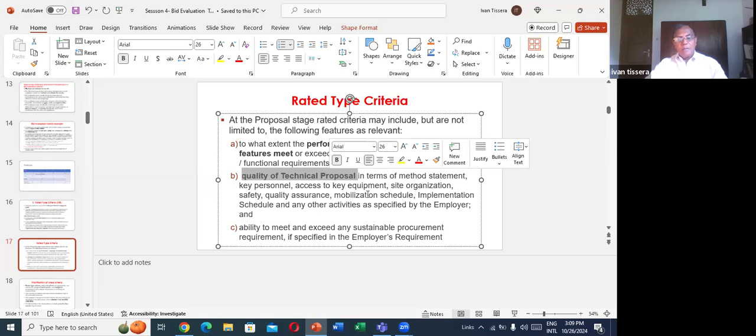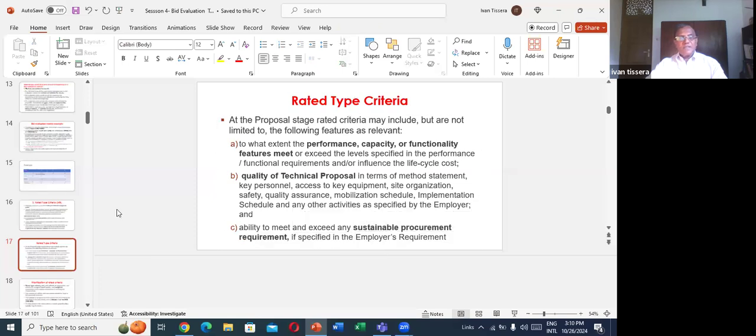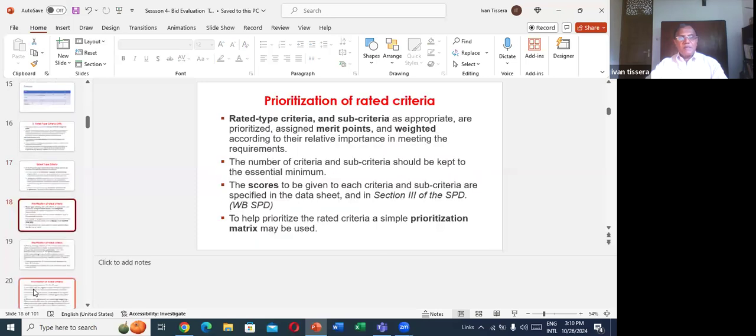That is basically the quality of the technical proposal. That is 1, 2. Number 3, ability to meet or exceed the sustainable procurement requirements. That is international, always they talk about sustainability, green and various other points, right? So they have identified 3 points.